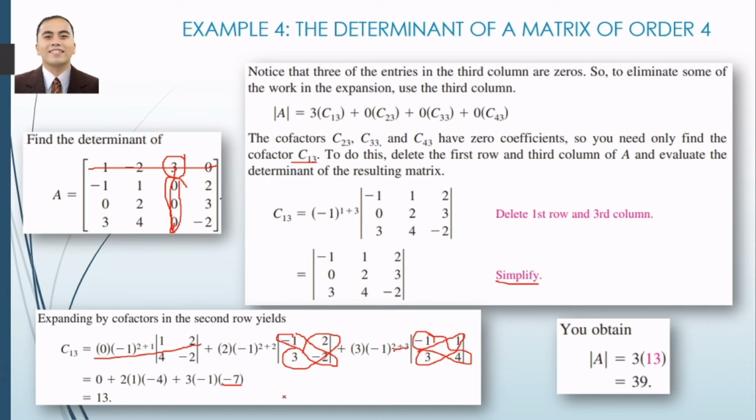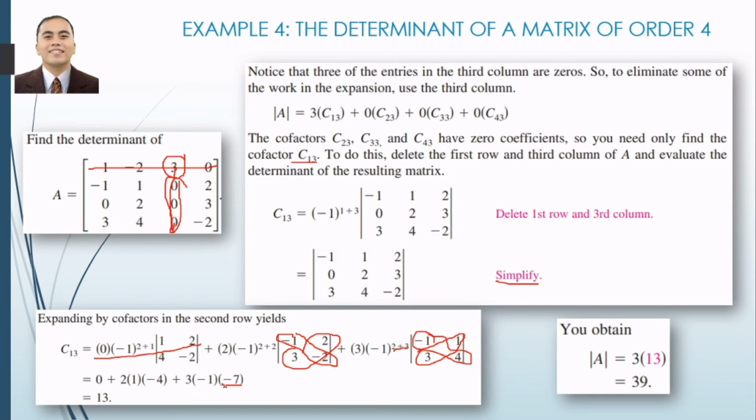So to simplify, 0 plus 2 times 1, that's 2, times negative 4, that is negative 8, plus 3 times negative 1 is negative 3, times negative 7 is 21.